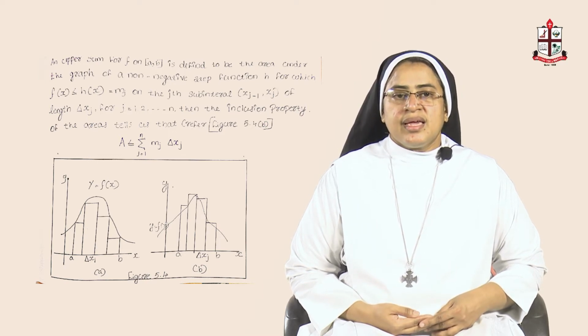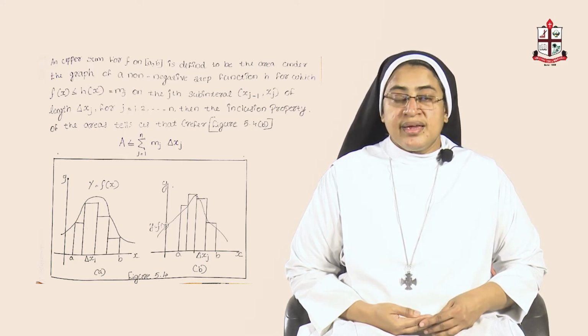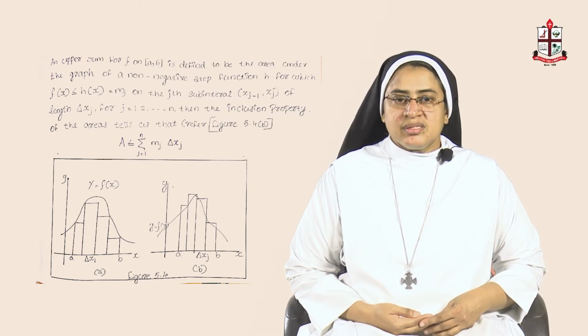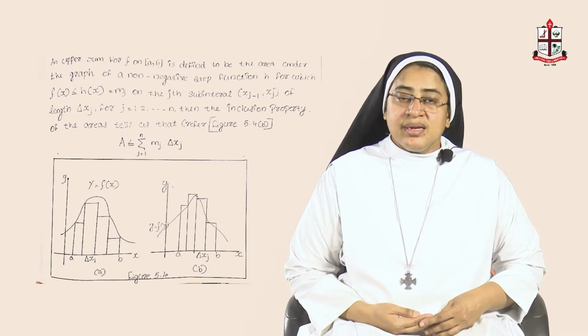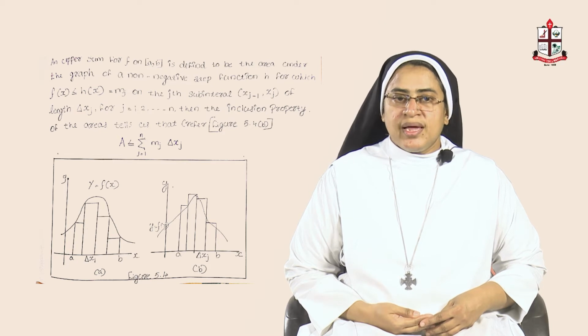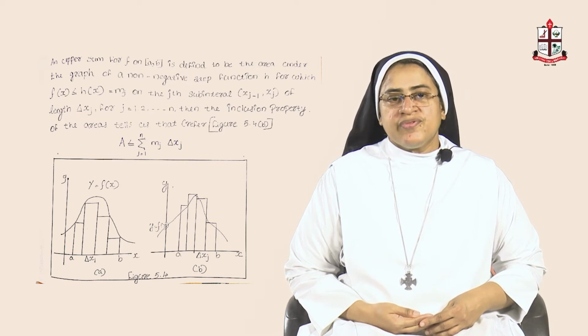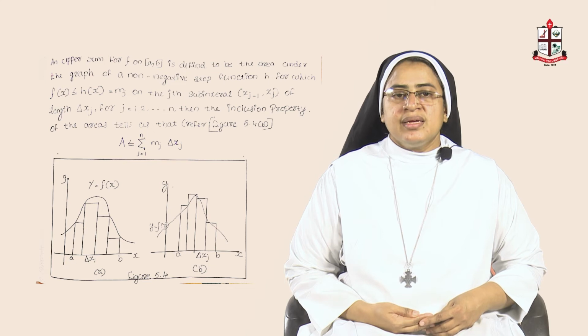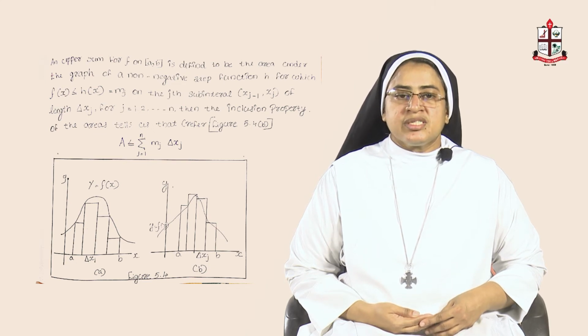It is taken as the area under the graph of a non-negative step function again, but the step function is defined to be h of x. That is, the step function h of x is greater than or equal to f of x, meaning f of x is always less than or equal to h of x, and the value is equal to m j on the jth subinterval, that is x j minus 1, x j of length delta x j, j equal to 1, 2, 3 etc. up to n.